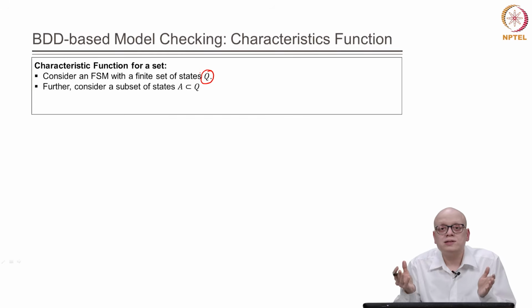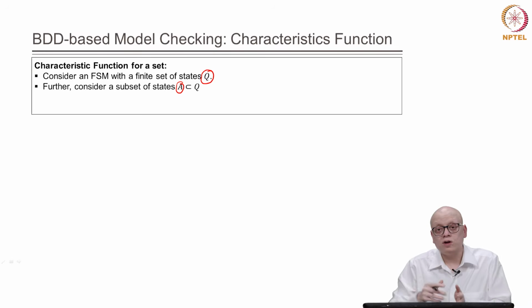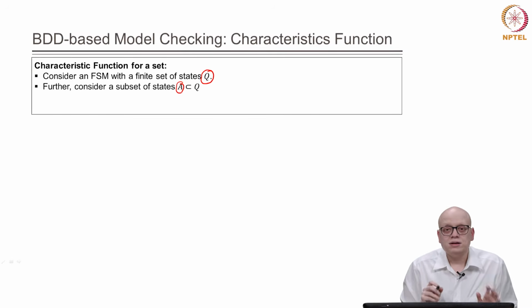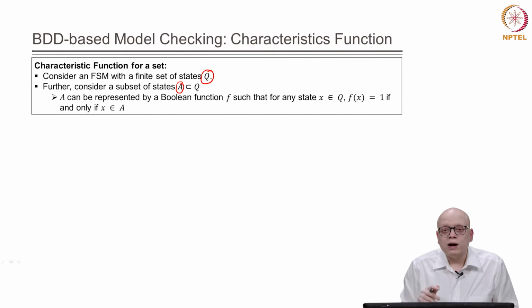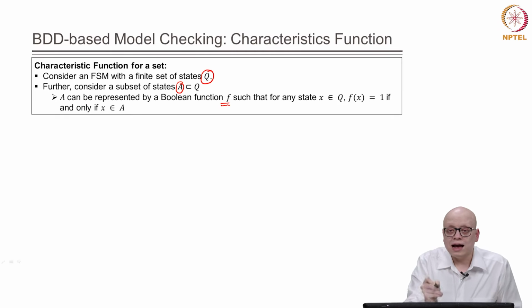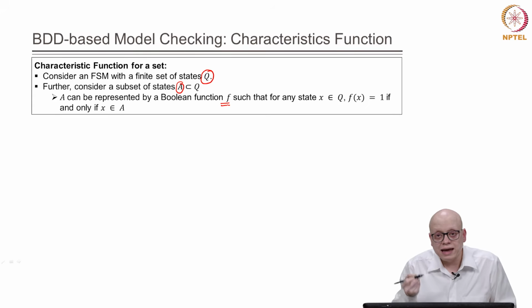Suppose there were 1000 states, and out of that we took 20 states. This subset of states out of all the states is represented by A. Now we can represent this A by a Boolean function f.